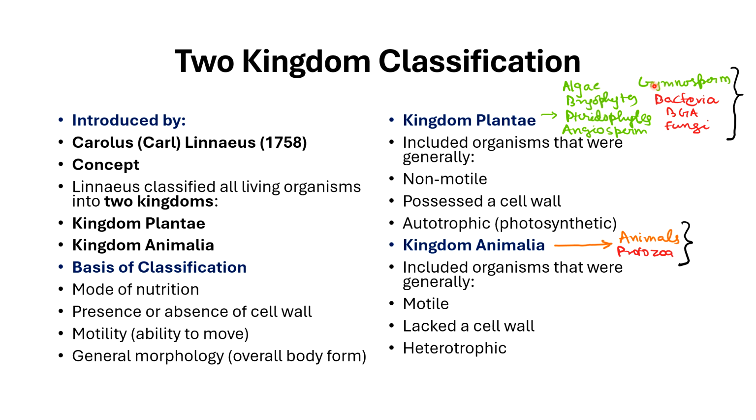All of these had a cell wall present in them. Okay. Then kingdom Animalia had all the animals, but along with that, the unicellular protozoans were also placed because they were motile and lacked a cell wall. So that was the reason to place them in the kingdom Animalia. Okay.